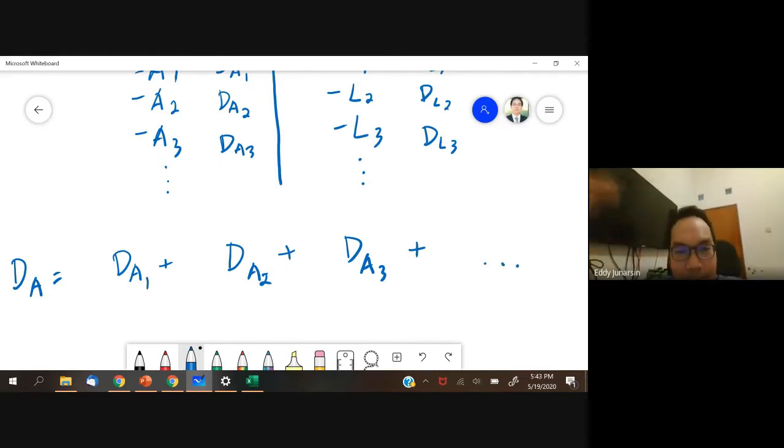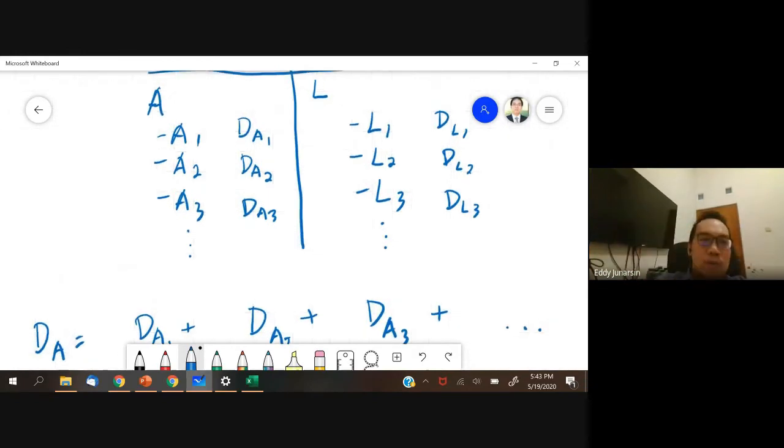But before adding them together, we have to multiply each of them by its respective market value proportion. So here we have the market value of asset 1, market value of asset 2, market value of asset 3.